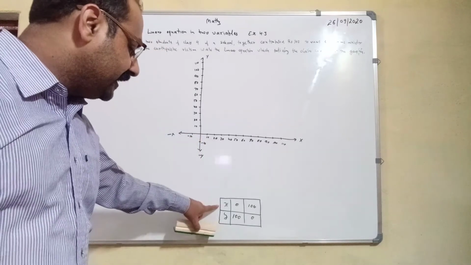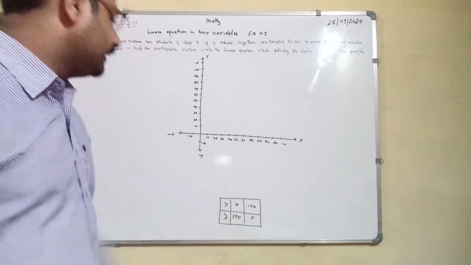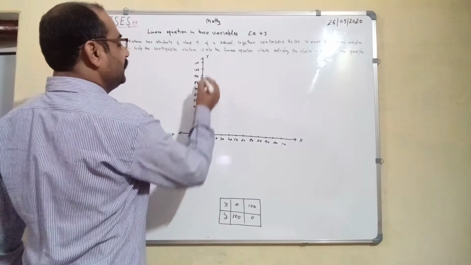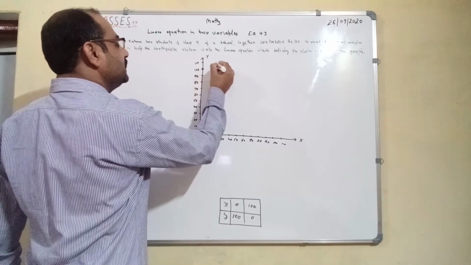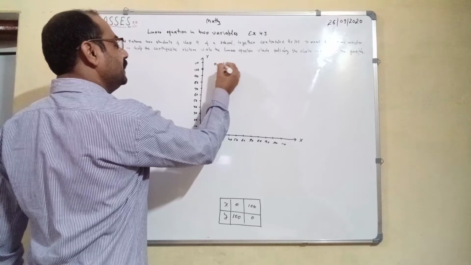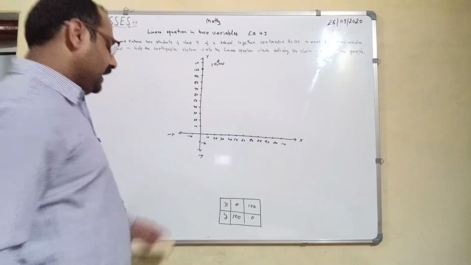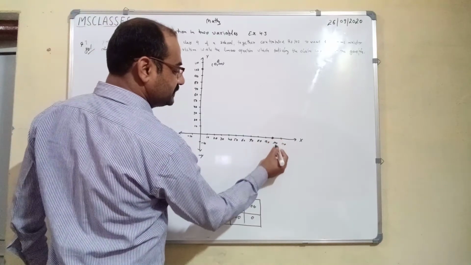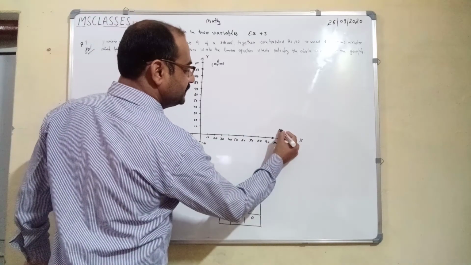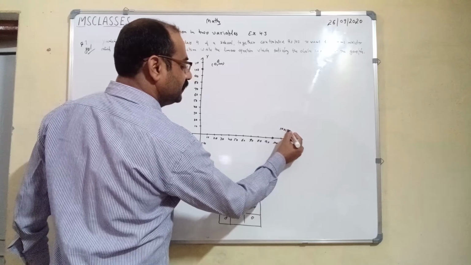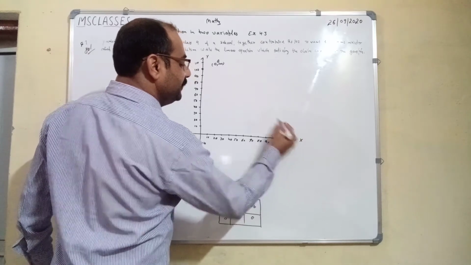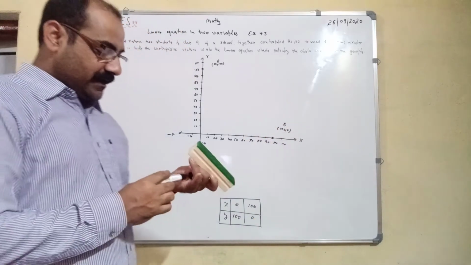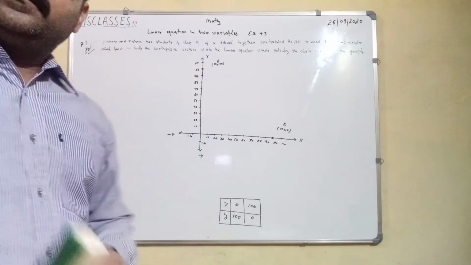So your first coordinate is x 0, 100. So x is 0 and y is 100. This is the A coordinate. And the second is 100, 0. Your x is 100 and y is 0. So 100, 0. This is the B coordinate. Now we will join the points.